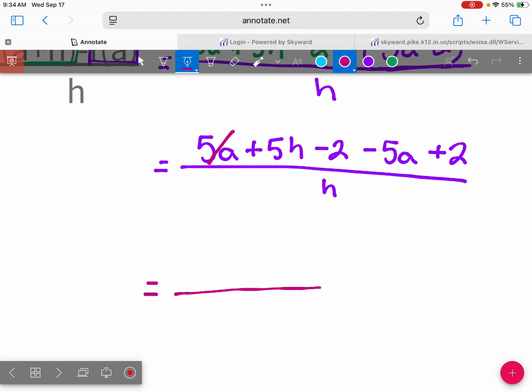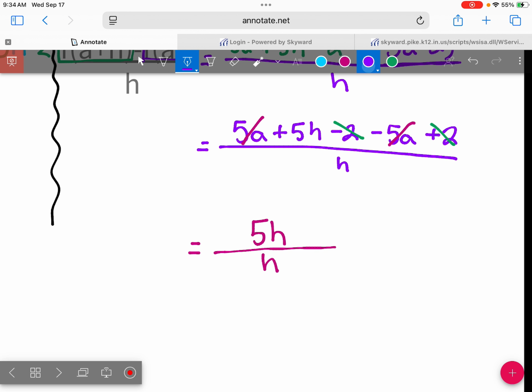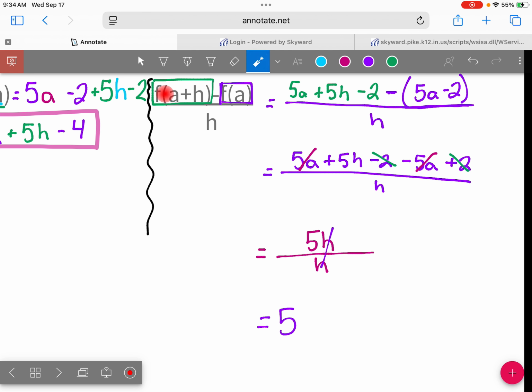The 5a's are going to cancel out because I've got a plus 5a and a minus 5a. What else? The 2's. So all we're left with is 5h over h. So what does this simplify down to be? The h's cancel. And we're just left with 5. So this whole hot mess equals 5.